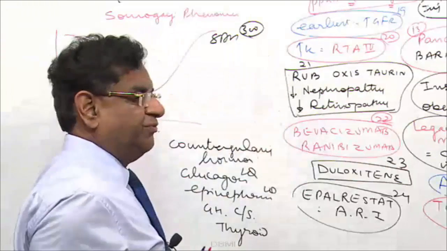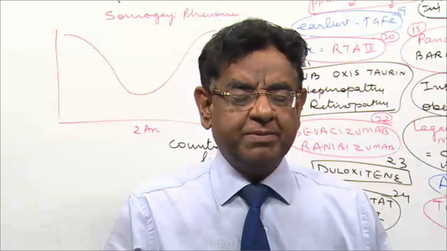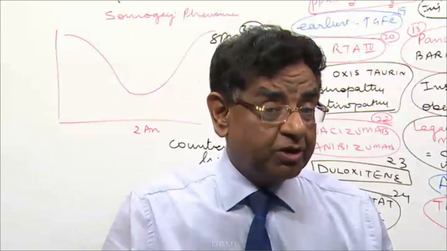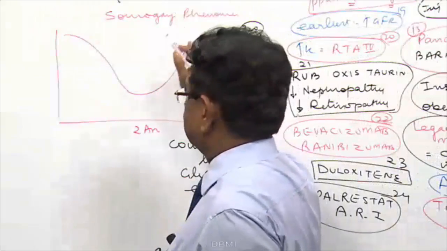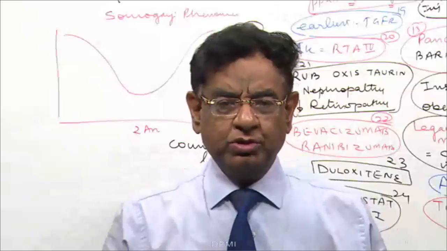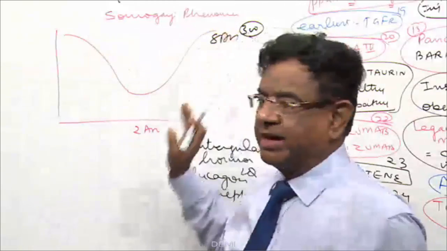Okay? So if you are not careful, you may increase the dose of the anti-diabetic drug, which is absolutely wrong. In this case, you have to reduce the dose of insulin, because with a reduced dose, hypoglycemia will not happen, and then this will not happen.